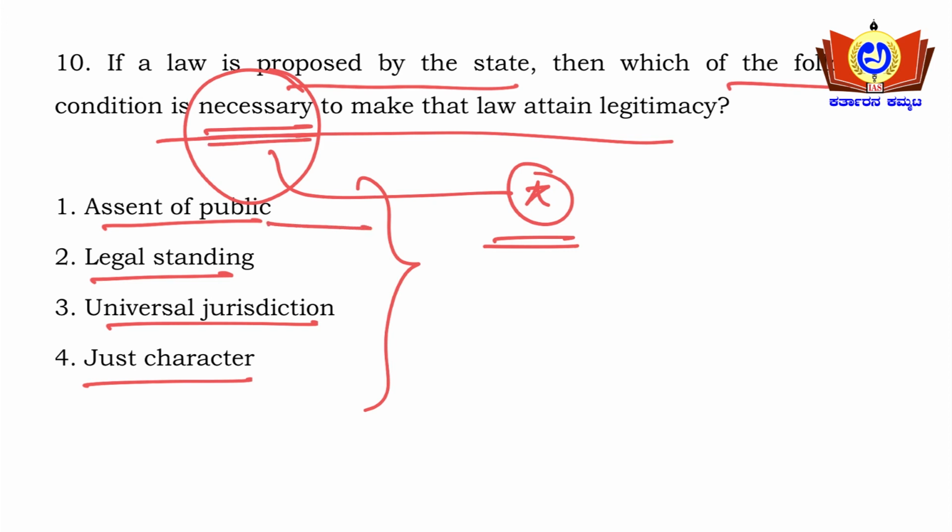Assent of public, it may be necessary and it may not be necessary, because some laws will hold good for a certain section of the population, and some laws might not be good for a certain section. But if at all a law is proposed, then it needs to be carried out, my dear friends. Hence assent of the public can be ignored here.